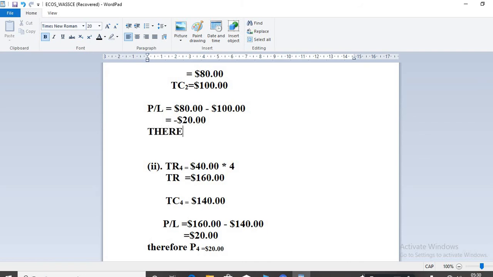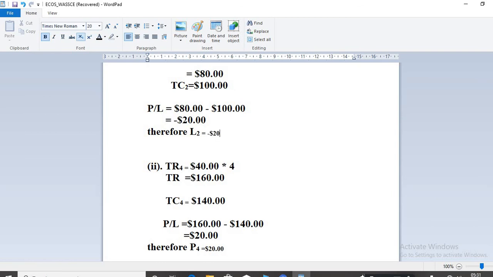Therefore, the loss for producing and selling output 2, or 2 products, is equal to negative $20.